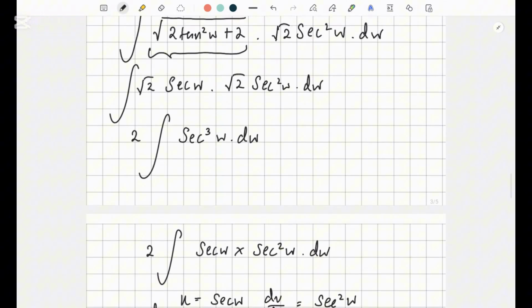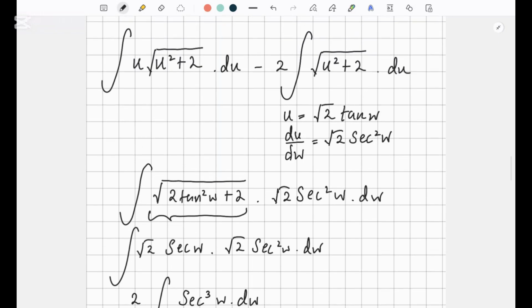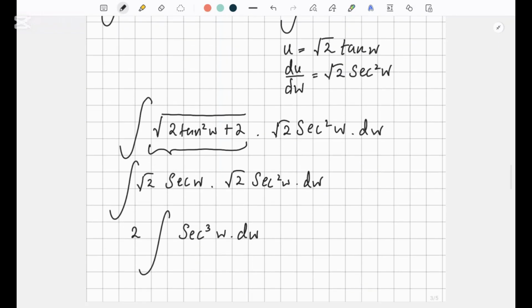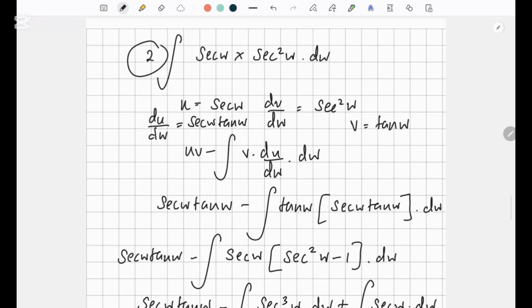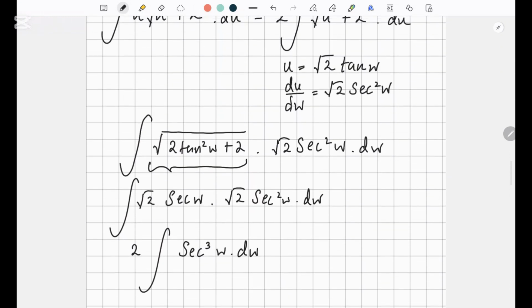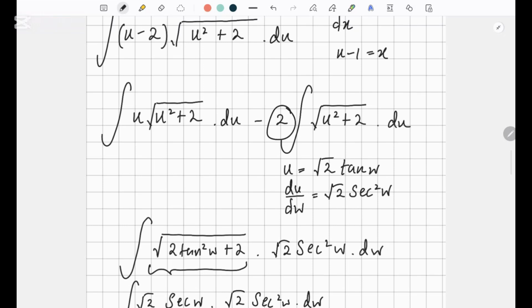So if you go back into your question, we had this 2 in front, which we didn't consider, and we had another 2 in front over here, right?